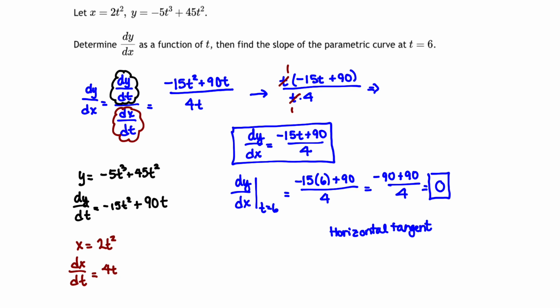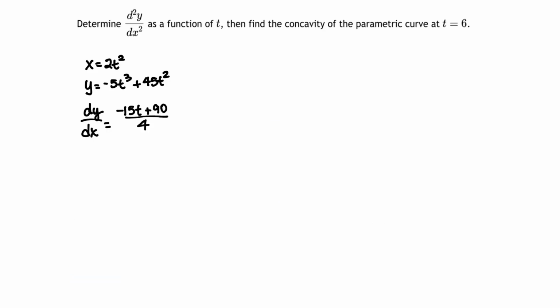Let's take a look at the second derivative. For the second derivative, we actually want to write down what we know, which is that we have the parametric curve defined by x equals 2t squared, y equals negative 5t cubed plus 45t squared. And we know what we calculated, which was that the first derivative of y with respect to x is negative 15t plus 90 divided by 4.